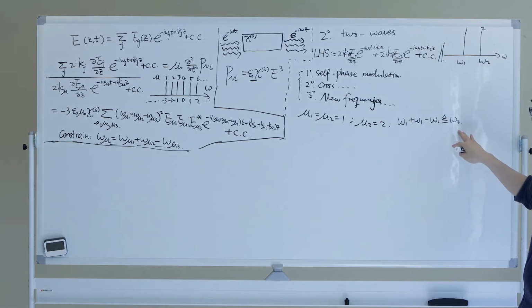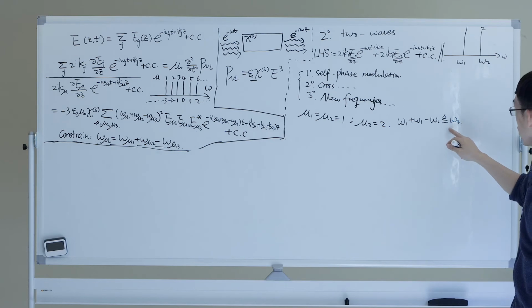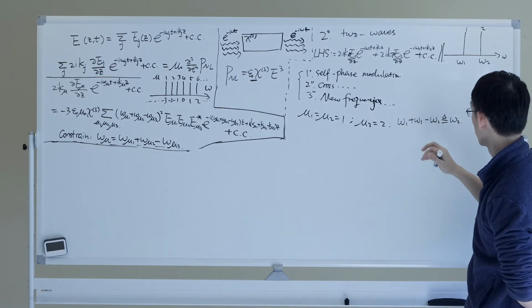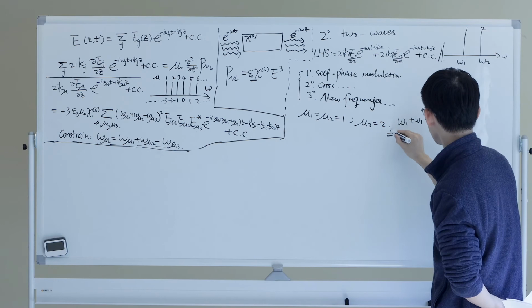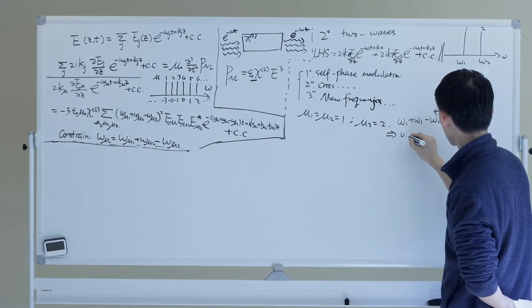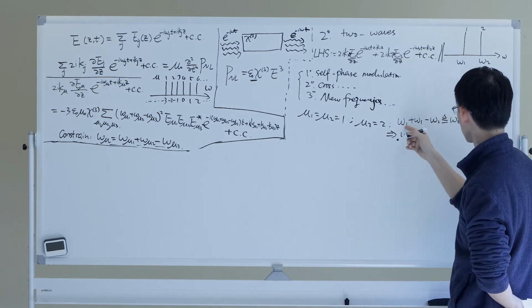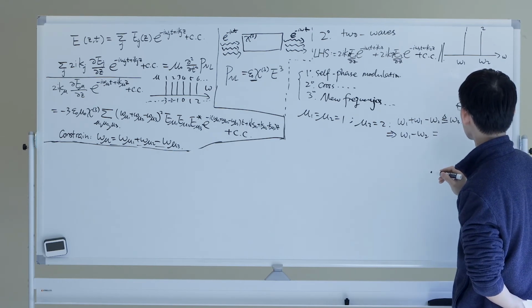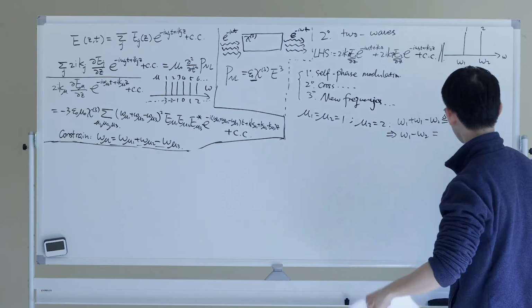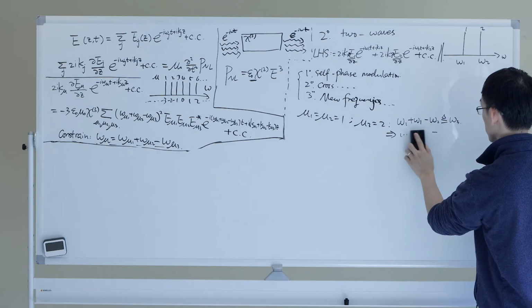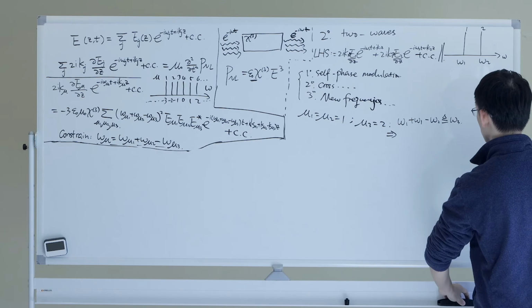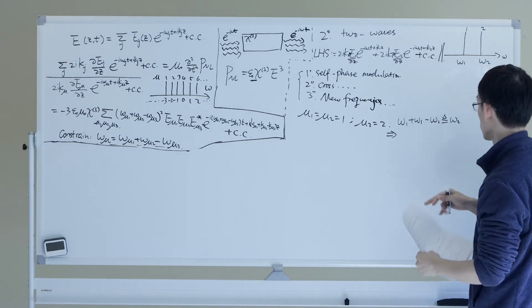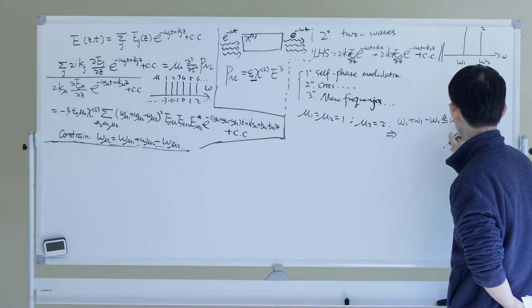And let's see where exactly this frequency is on this plot. To see that, one thing you can do is that this equation is equivalent to omega 1 minus omega 2 equals, we say omega 2 is larger than omega 1, so we can move the minus omega 2 to this side, and omega 3 to this side.